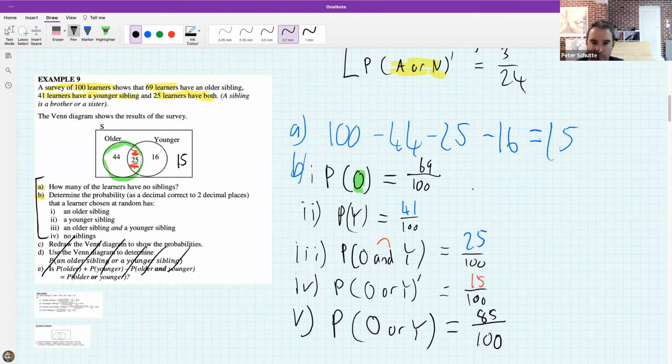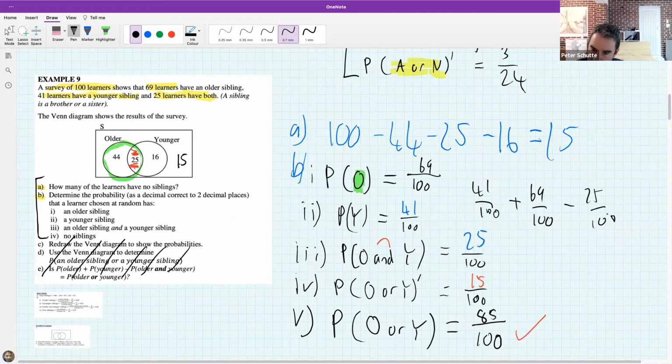Now, watch this and be amazed. If you imagine taking this one, so that one over there is equal to, oh, how am I going to write this? Basically, if you take 41 over 100, which is plus 69 over 100 minus 25 over 100. All that I've done there is I've taken the probability of O, probability of Y, minus the probability of O and Y. I want you guys to work out what you get for this.